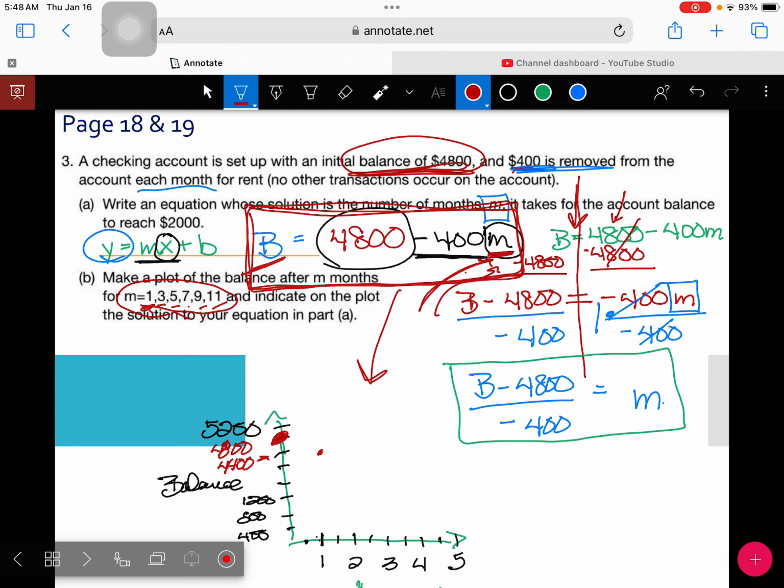So you can create this graph, and then you should do this problem where you substitute $2,000 in there, and you will figure out what number month it's going to be where you actually end up with a balance of $2,000. All right. So on page 18, we did problem number 3, write the equation that models the situation. For page 19, you need to continue to graph this equation.